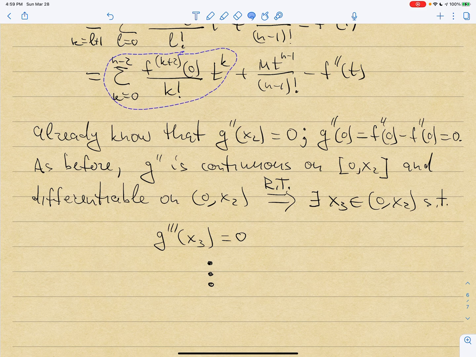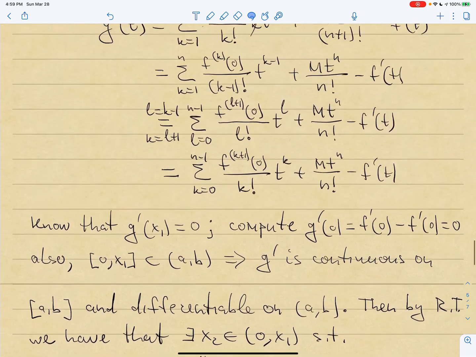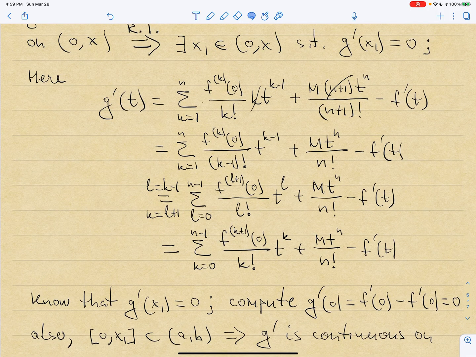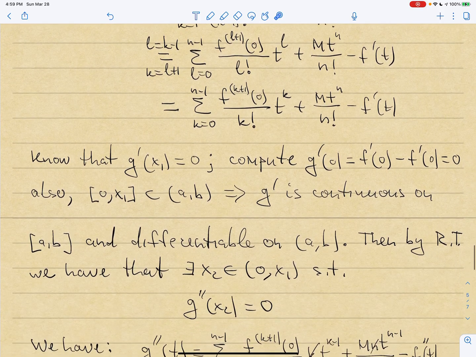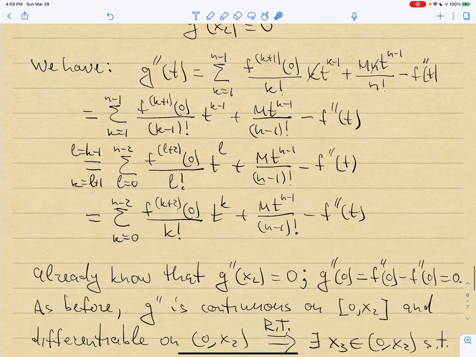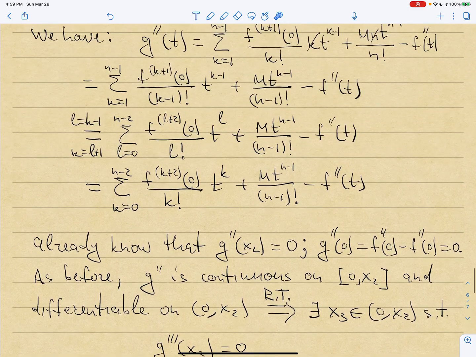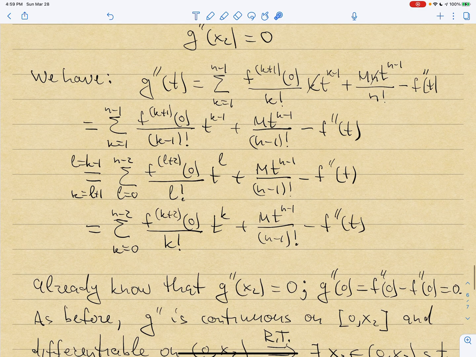When I took one derivative for g prime, I have n minus 1 up here. If I continue like that, for g double prime, we end at n minus 2. So for g triple prime, we have to end at n minus 3.